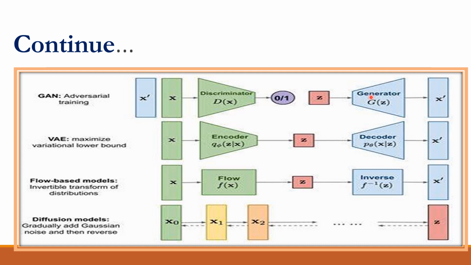For example, a GAN can be trained on a data set of animal images, where the generator would learn to create new unseen animals, while the discriminator would learn to distinguish between real and generated images. Then come variational autoencoders. These are generative models that learn to compress data in a lower dimensional latent space.